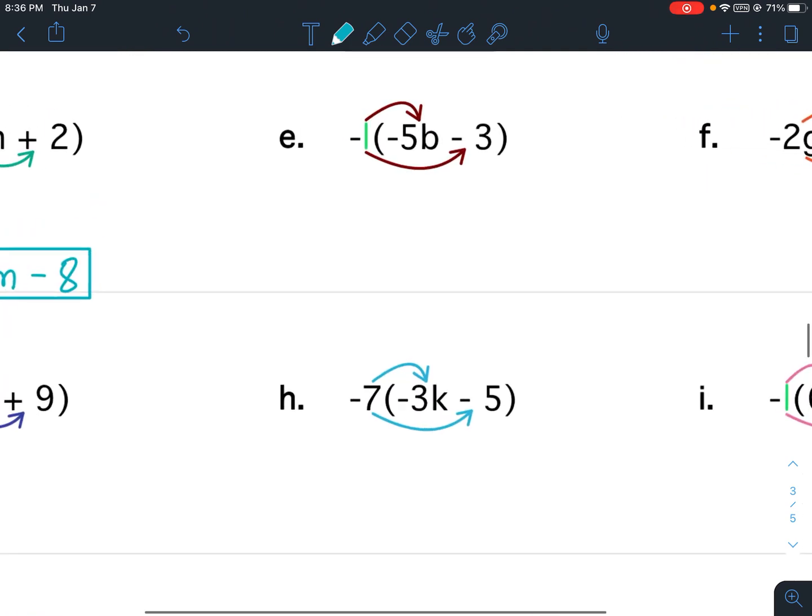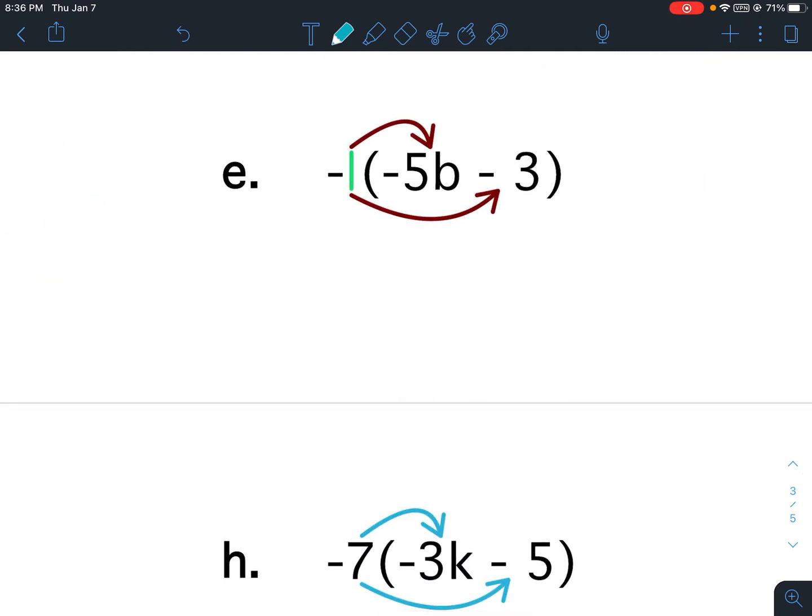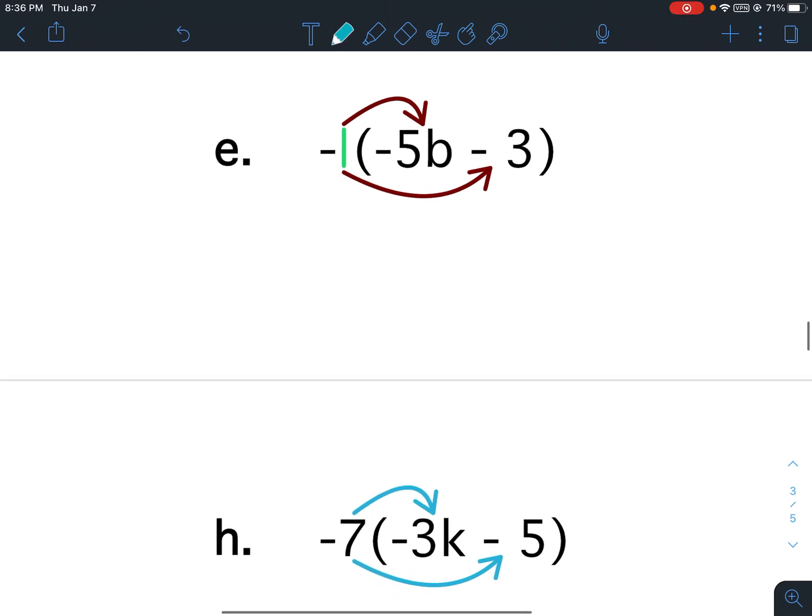For E, negative 1 times anything is the opposite. Remember, when you're multiplying by -1, you're taking the opposite. So for E, it's like saying, what is the opposite of -5b? And what is the opposite of -3? Because two negatives would become positive and so forth.